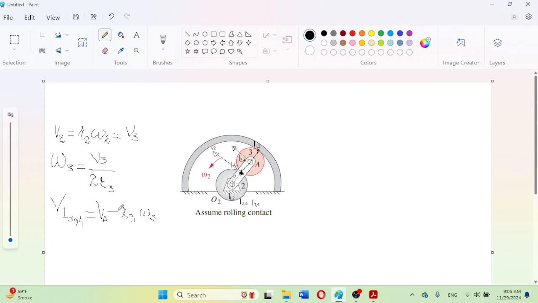So that will be the velocity of point A.